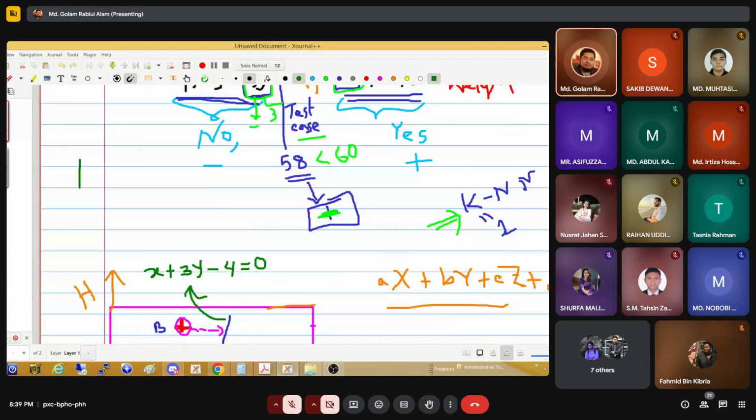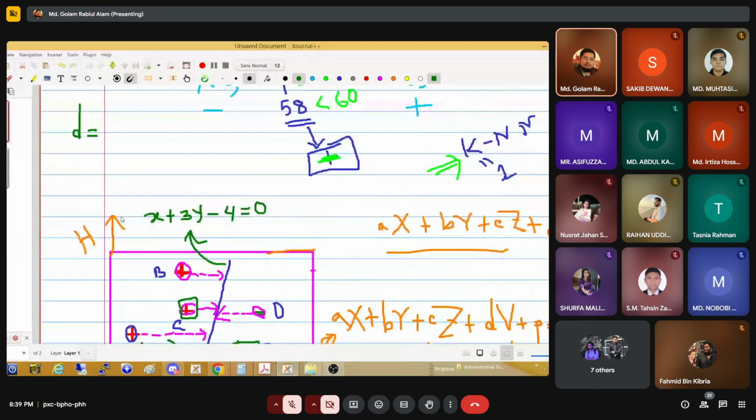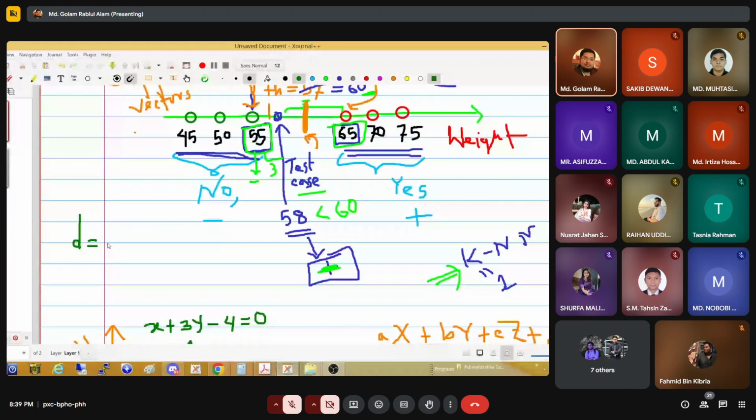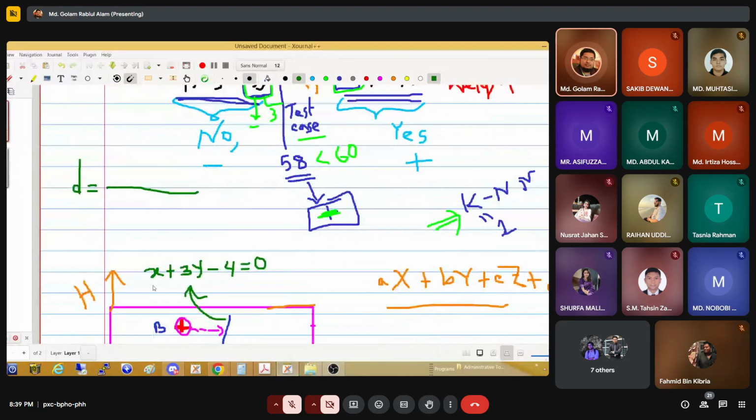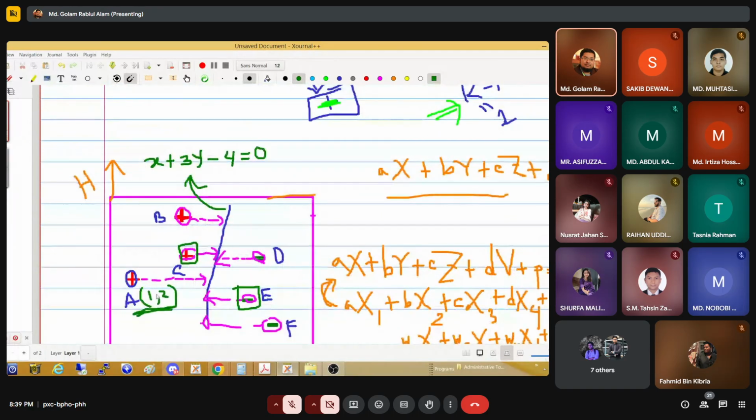I think most of you already know this from high school math: the perpendicular distance from a point to a line. If this is the line equation and this is our data point, we want to find the distance from this data point to this line. We have to replace x and y using the values of this vector.